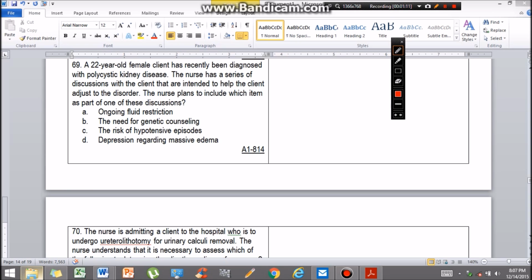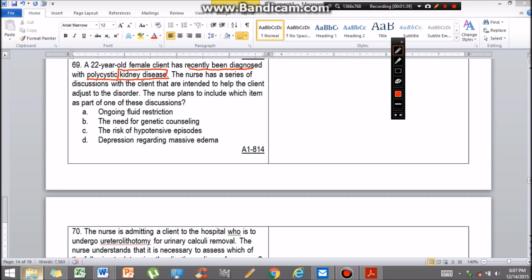Next, a 22-year-old female client has recently been diagnosed with polycystic kidney disease. The nurse has a series of discussions with the client that are intended to help the client adjust to the disorder. The nurse plans to include which item as part of one of these discussions? So the client is recently diagnosed with polycystic kidney disease. So keyword, kidney disease.